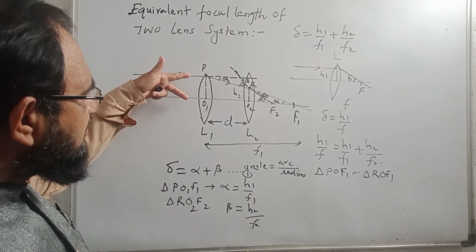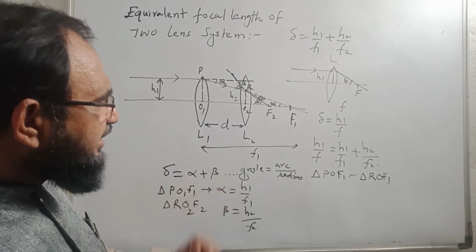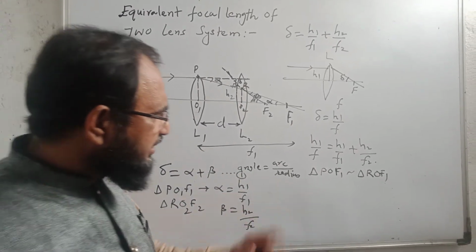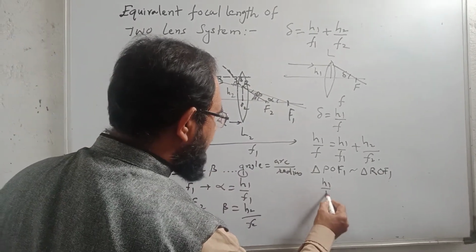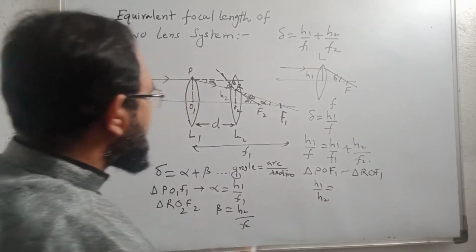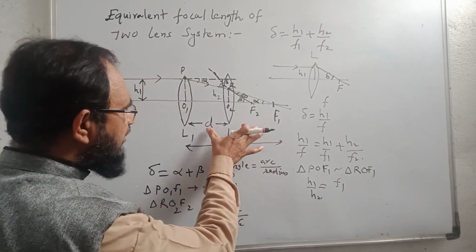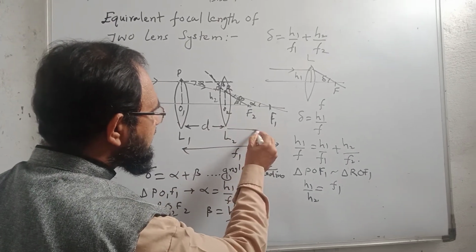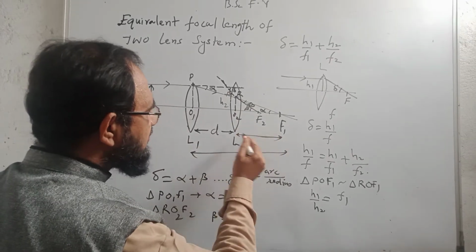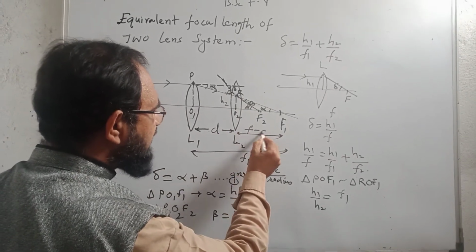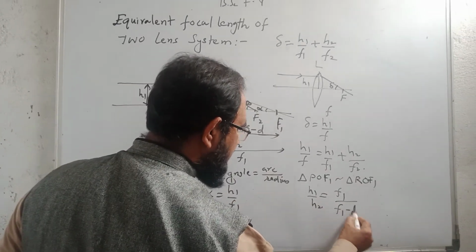Using the property of similar triangles, the ratio H1 upon H2 should be equal to F1 upon the distance. The total distance is F1, and subtracting d it becomes F1 minus d. So H1 upon H2 equals F1 upon F1 minus d.